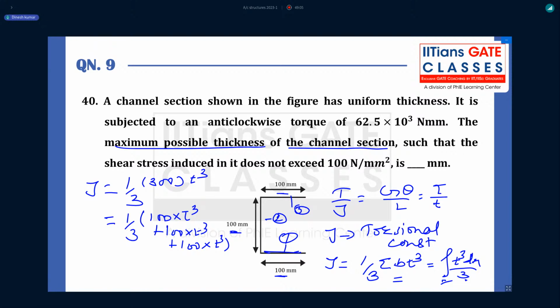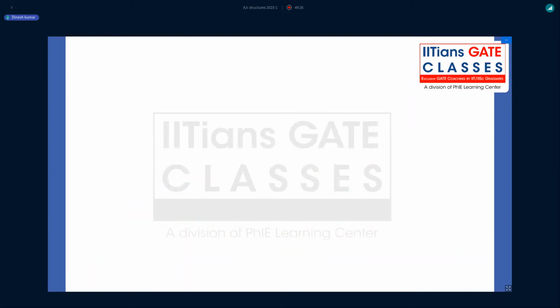Now guys, what is given? The allowable shear stress, which doesn't exceed 100. So tau allowable is given 100 Newton per mm square. Now guys, we know from the torsional formula T by J equal to tau by t.